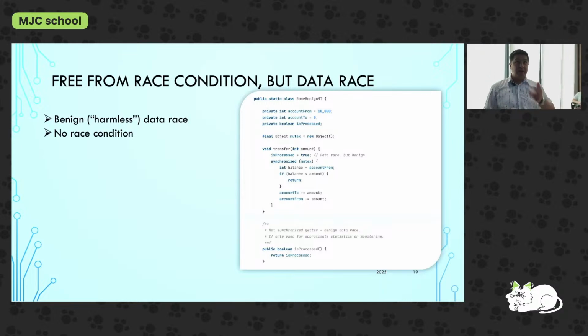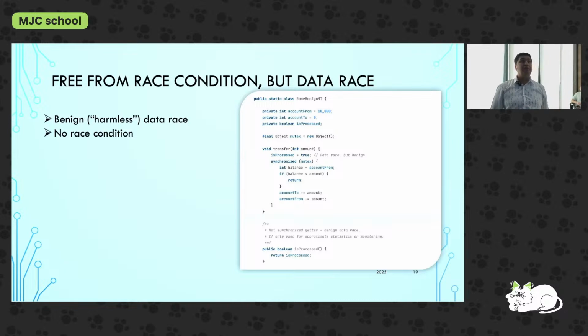Threads may write to it, but it should be used for some approximate statistic. Even if multiple threads write true, we don't care from a logical perspective whether this transfer or transaction is processed. That's why it's declared benign. This is the simplest example of how a benign race may look.